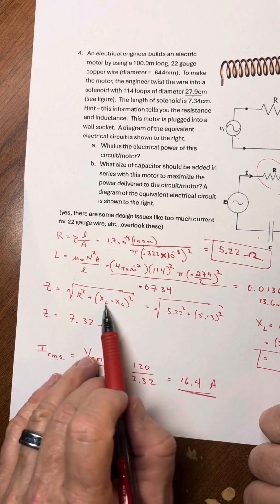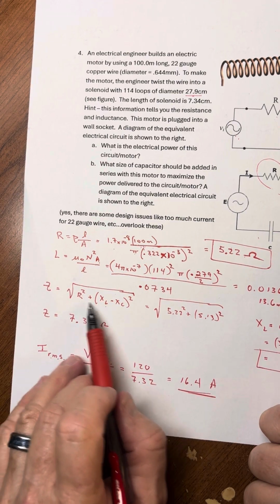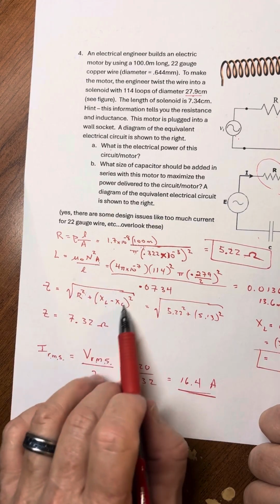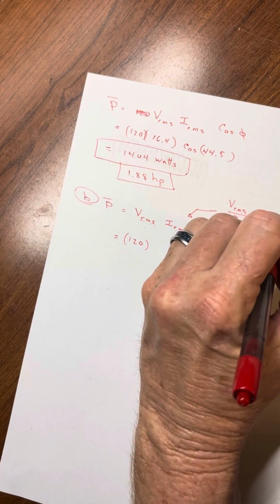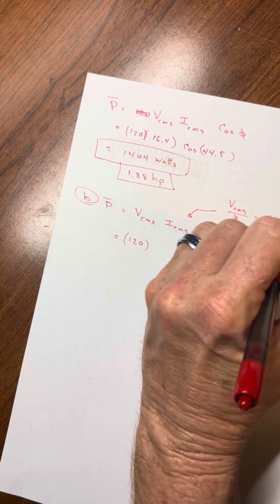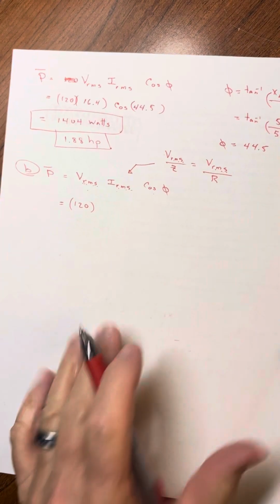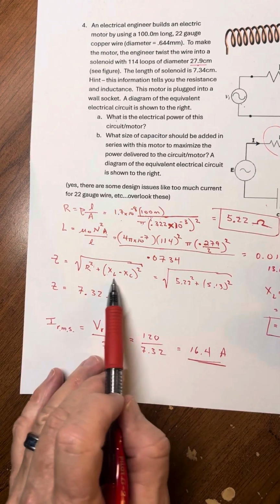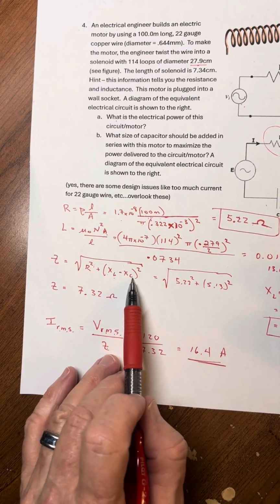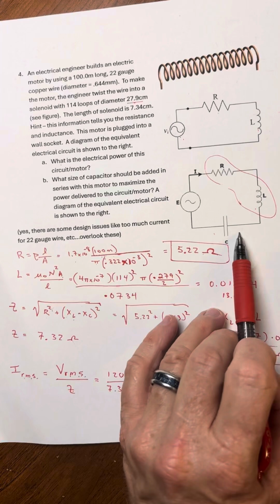If we make them exactly equal, this is as small as the impedance could ever become. So the best we would ever expect to do would be the RMS voltage divided by just the resistance, because we exactly matched the reactance of the inductor with the reactance of the capacitor.